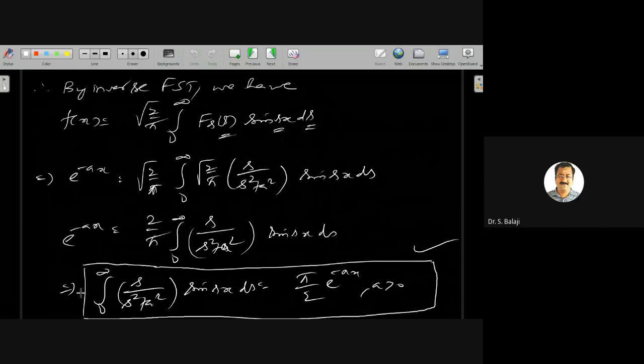Therefore, the integral of s by s square plus a square sin sx ds is equal to pi by 2 e power minus ax, where a is greater than 0. This is one inversion formula.